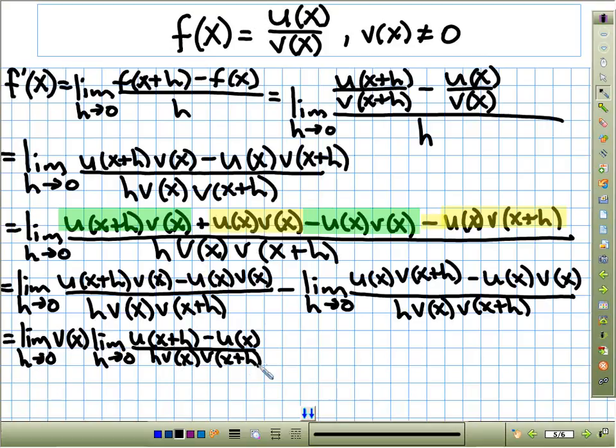Okay, so nothing wrong with that. Now I'll do the same thing to the other part of this, except this time, instead of factoring out the v of x, I'm going to factor out the u of x.